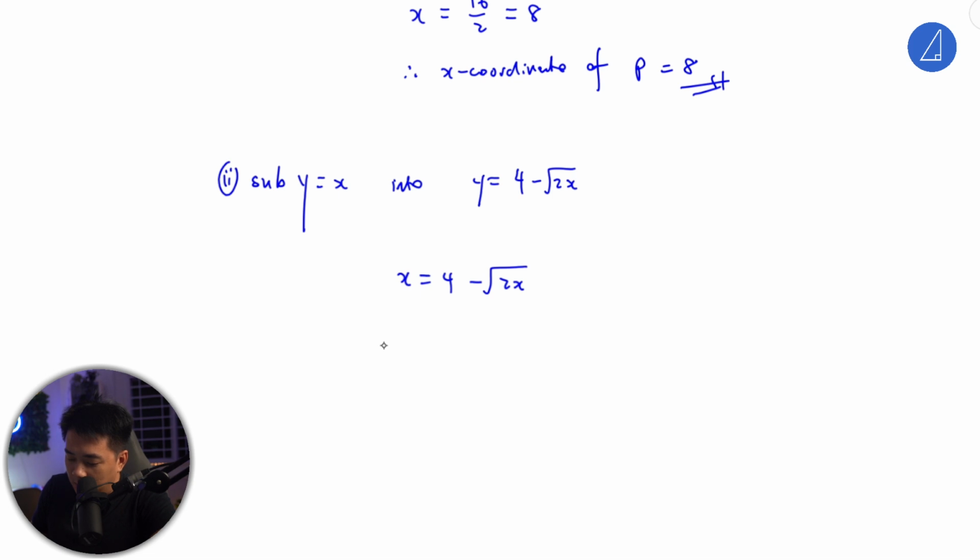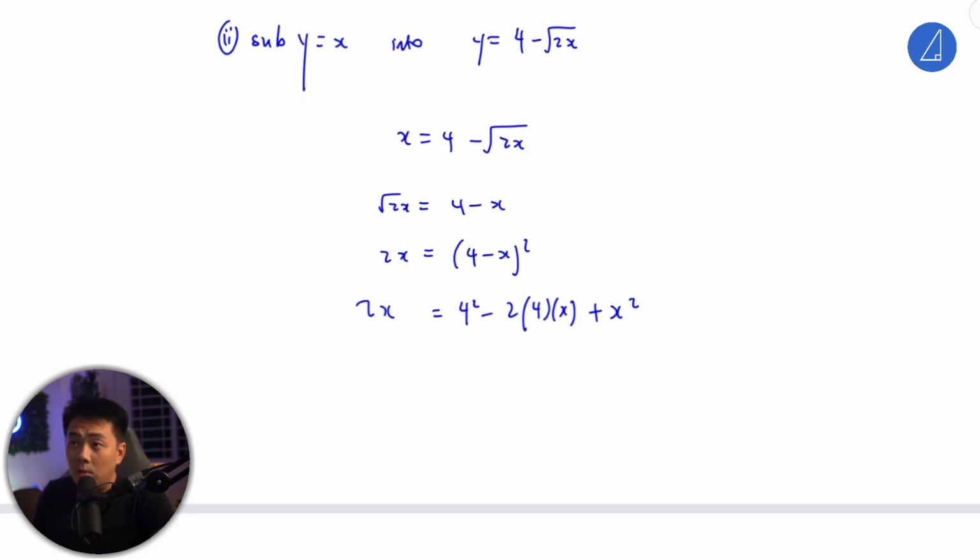So in this case, we get root 2x equals 4 minus x. Square both sides: 4 minus x squared equals 2x.